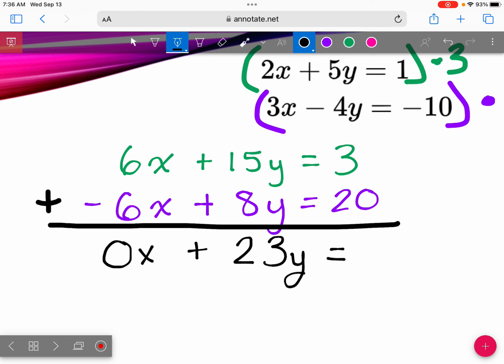And 3 plus 20 gives me 23. The whole point of this is so that one of my variables eliminates out. That's why this is called elimination.